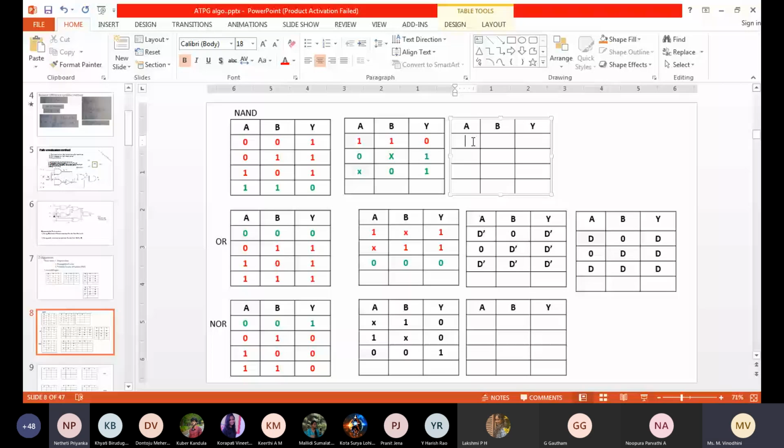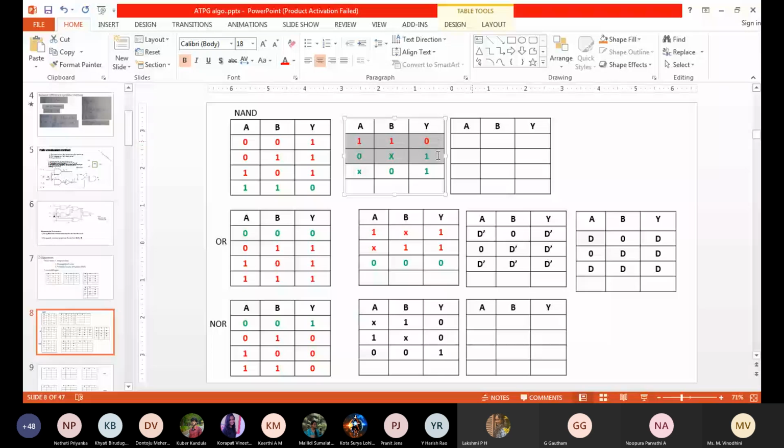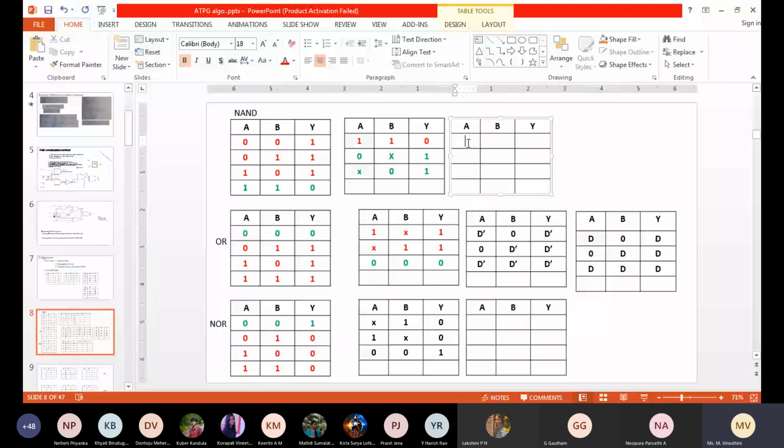When I compare the first one with the second, what will I get? 1, D, D bar. Good. Next, when I compare the first and third, 1, D, D bar.